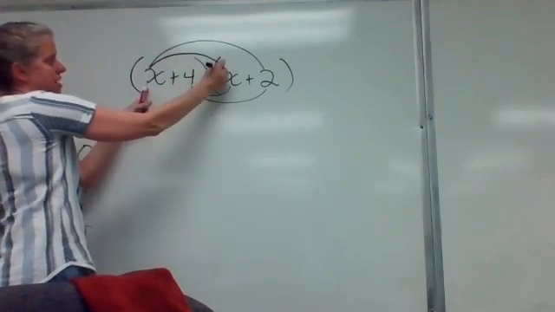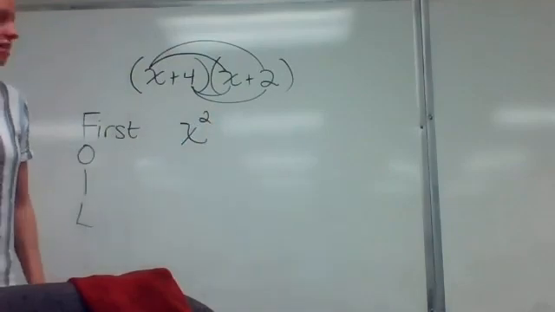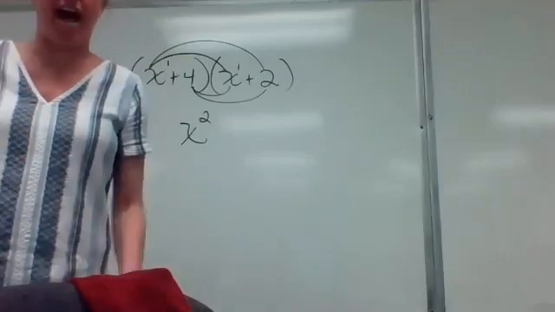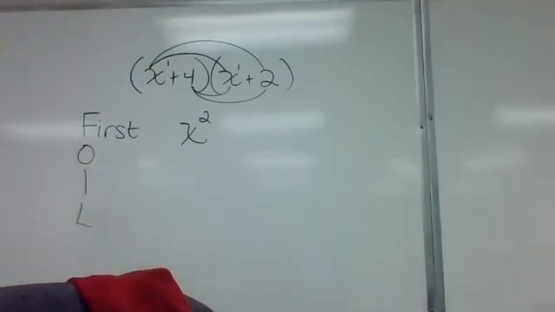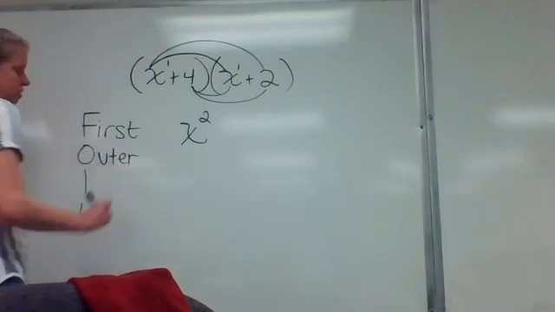So let's see, x times x gives me x squared, right? Because they both have ones. And so if you're multiplying x's, you're going to add their exponents. So that's what x squared comes from. Then you're going to do the O, which is outer.